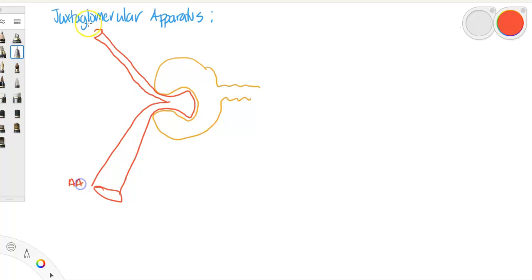So our afferent arteriole, efferent arteriole. Same thing. Here's Bowman's capsule, glomerulus. So the juxtaglomerular apparatus involves the distal convoluted tubule. So the distal convoluted tubule comes up here.